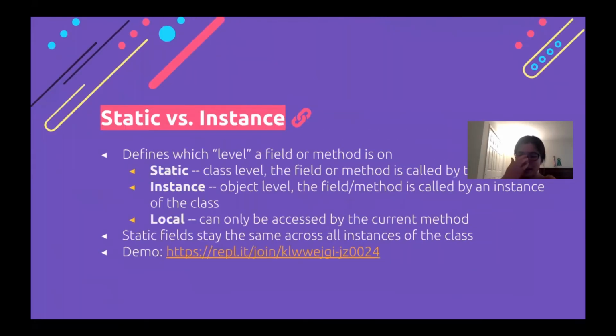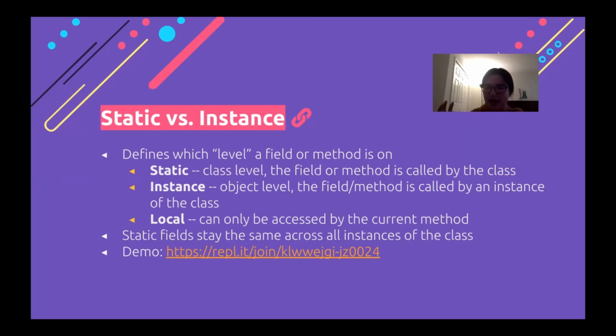Next, we're going to talk a little bit about static versus instance. Think about Java classes in two ways. First is the class level, where the field or method can be called by the class, or the data is shared by all instances across the class.